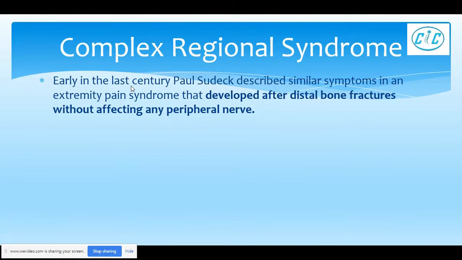So complex regional syndrome is not only peripheral nerve damage. It also can be caused by non-nerve structures like a bone fracture. So at least we have two different causes for complex regional syndrome, but these are not the only two types of causes.